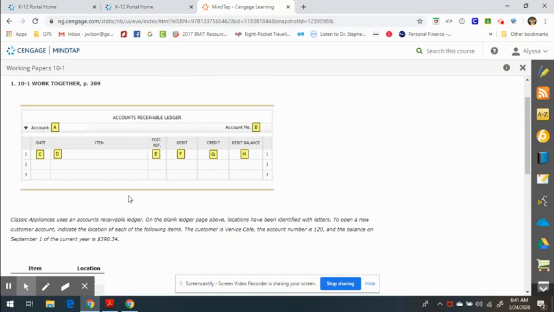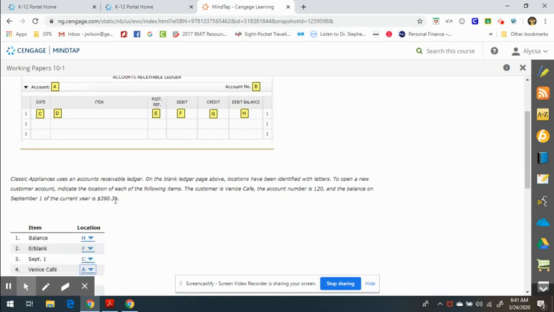Check mark. Since we're opening up this new account and we're recording the balance, we are not going to be posting anything on this line. So in the post reference column, we would have a check mark.